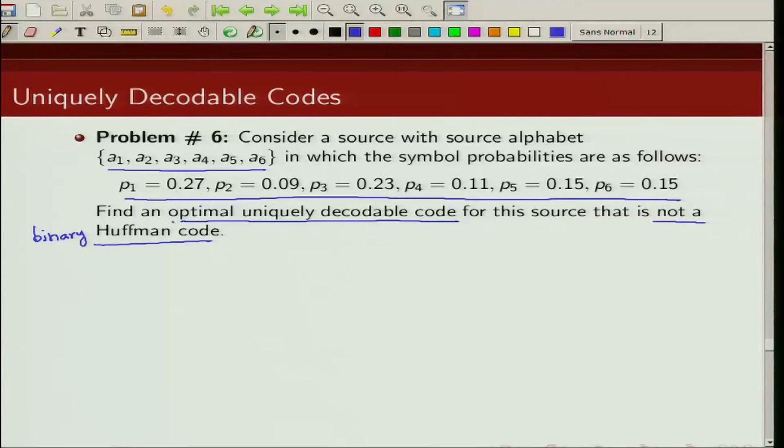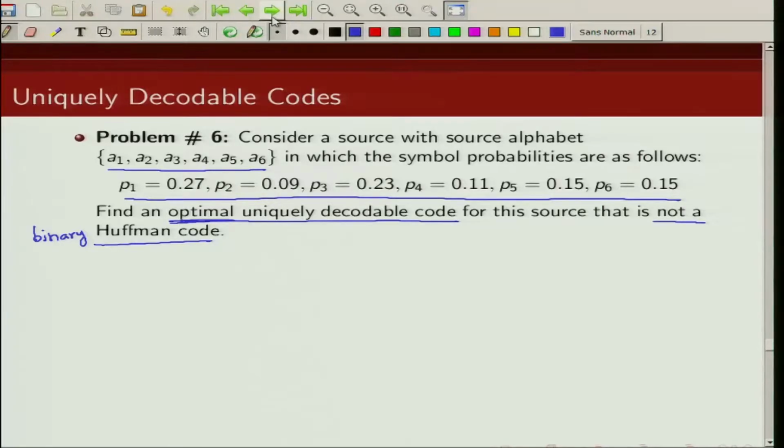And when I say find an optimal uniquely decodable code, I want the expected code word length of this uniquely decodable code to be the same as that of the Huffman code. However, it's not a Huffman code. So how do we solve this?